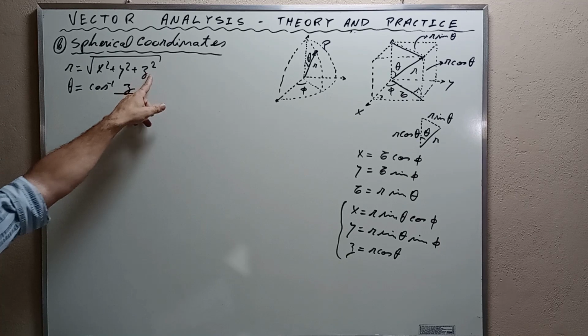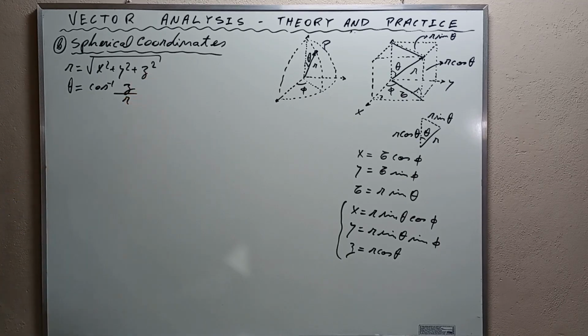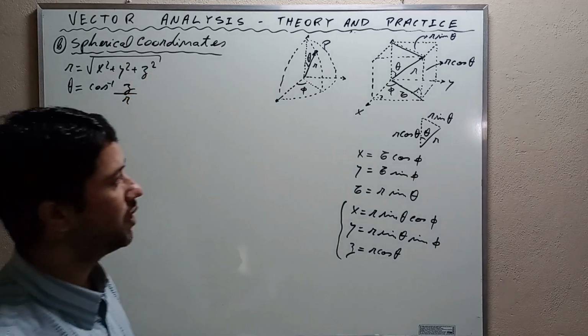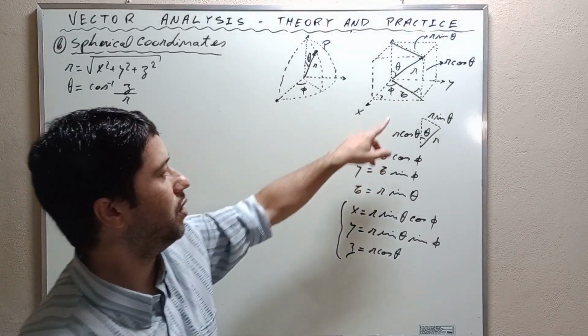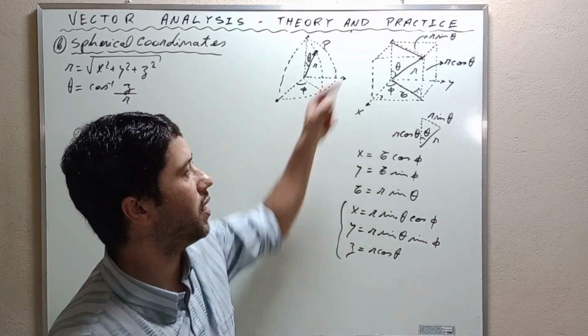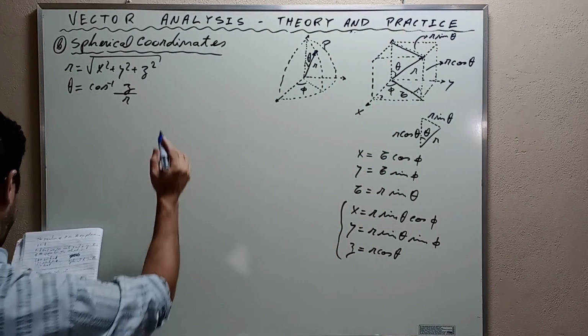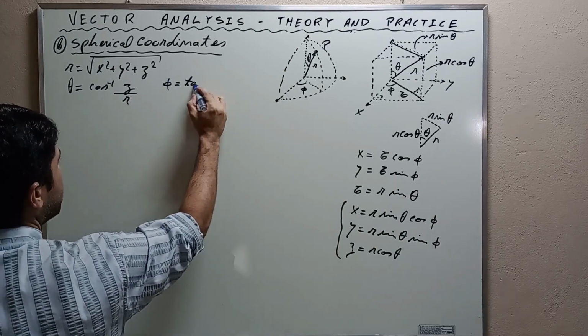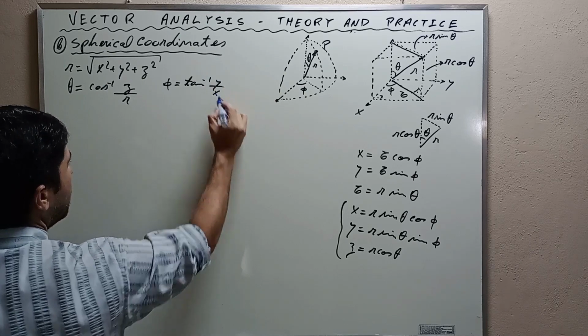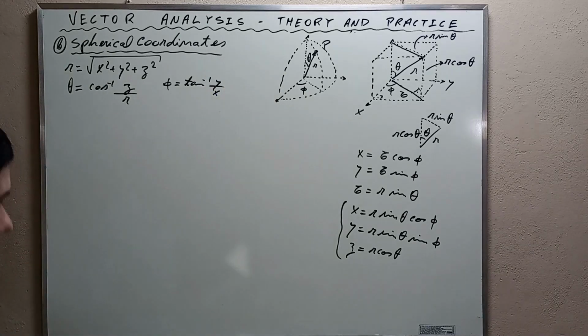In the place of r, you simply put this. And how about phi? Phi we know. Phi is the angle whose tangent is y divided by x. And in this way, phi is equal to the inverse tangent of y over x. And in this way, we convert from Cartesian to spherical and from spherical to Cartesian coordinates.